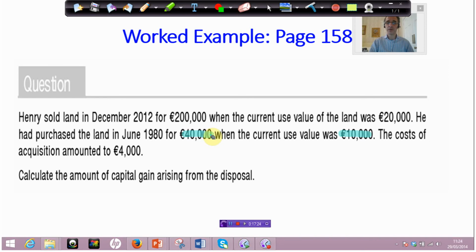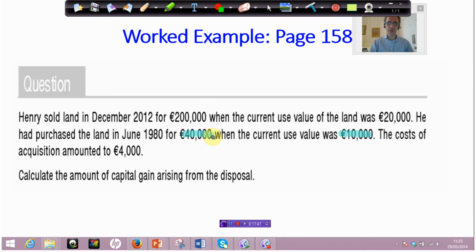Okay, now he purchased at 40,000. The current use value was 10, and he also incurred some costs. Now, what the rule in relation to development value says is, as far as the revenue are concerned, yes, you can have some of those costs deducted in your three-liner, that's fine.